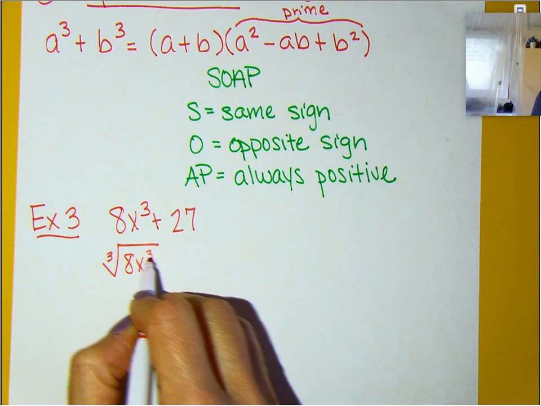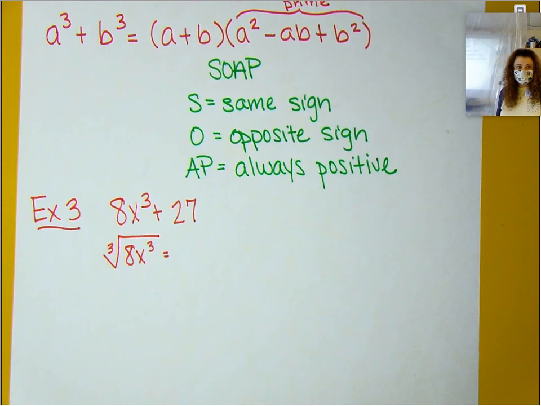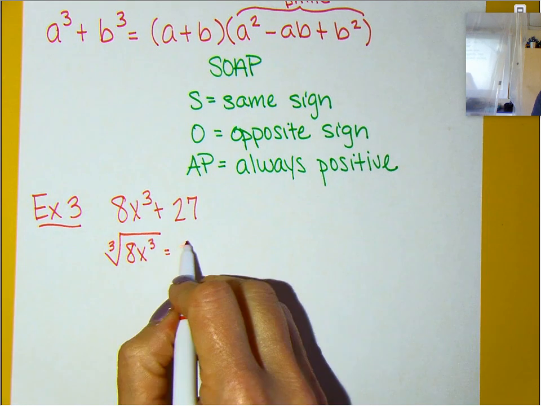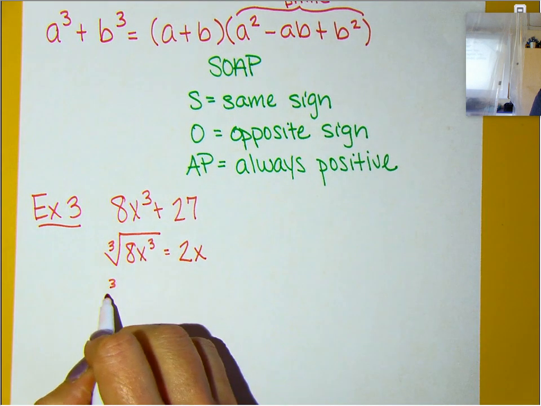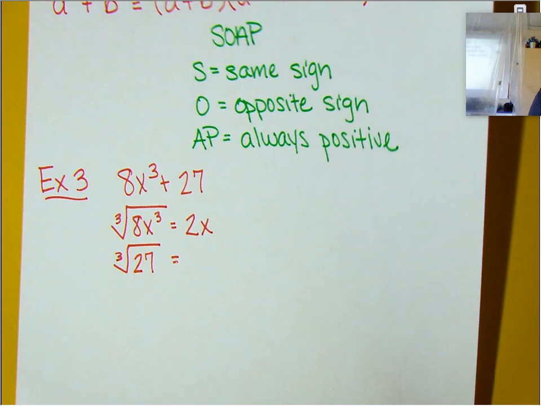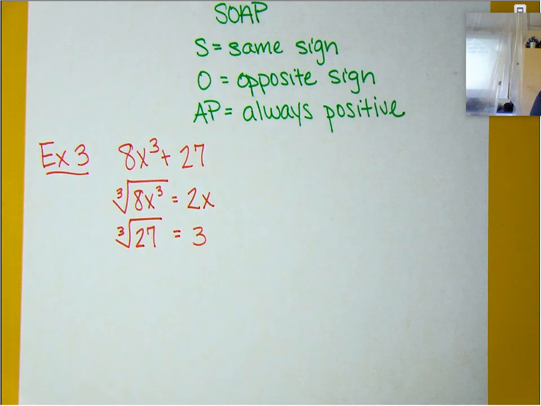So here's what you need to do. Take the cubed root of the first term. What's the cubed root of 8x cubed? 2x, good. And then take the cubed root of the second term, 27. What's the cubed root of 27? 3.